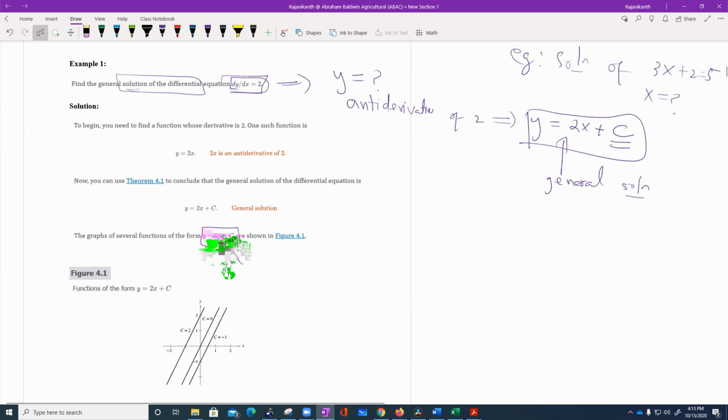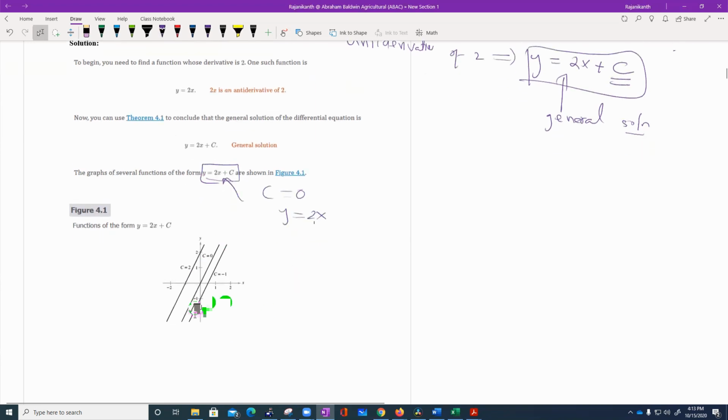Once you change this constant, you will have different lines, right? If c is 0, your line is simply y equals 2x. That is the line you have here. When c is 2, you will get 2x plus 2. So this is another straight line.